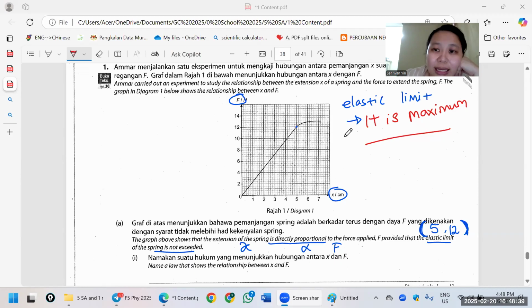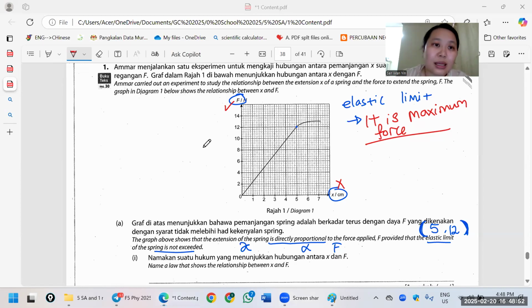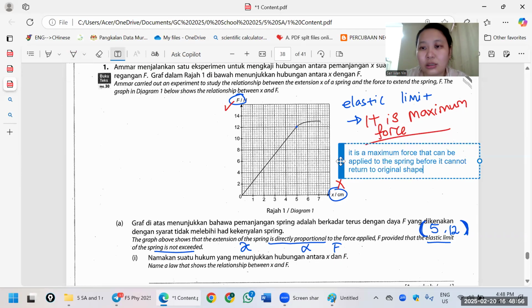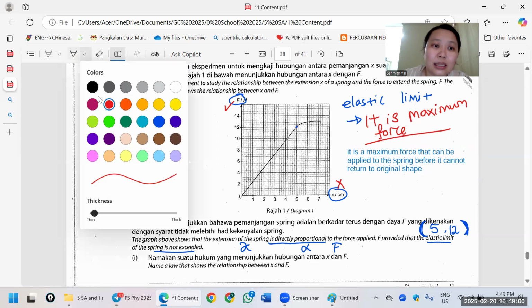So actually, maximum extension means it's the maximum force that can be applied to the spring before it cannot return to its original shape. Okay, elastic limit.